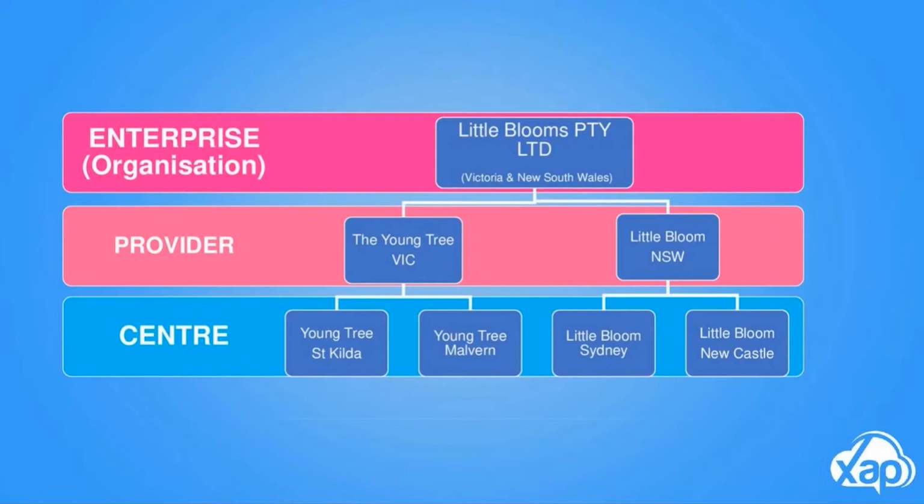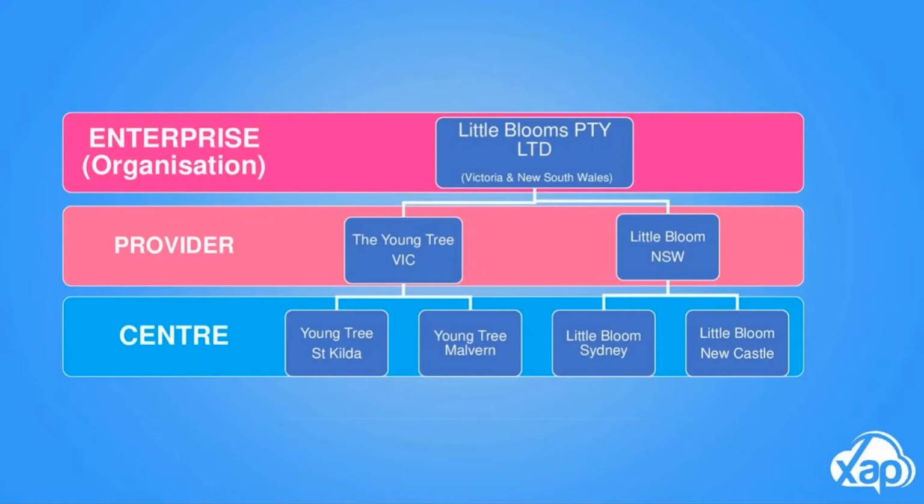Now, you may want to break that down even further into provider, because the Victoria services don't necessarily need to operate and look after the New South Wales services. So you would then break this down into provider, and you may have the Young Tree Victoria and Little Bloom New South Wales. Under there, you will then break that down even further into your centre access.